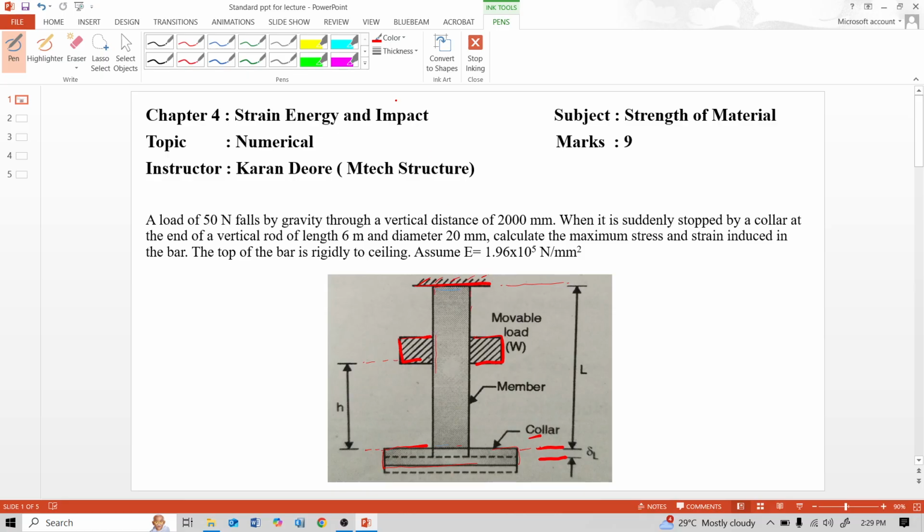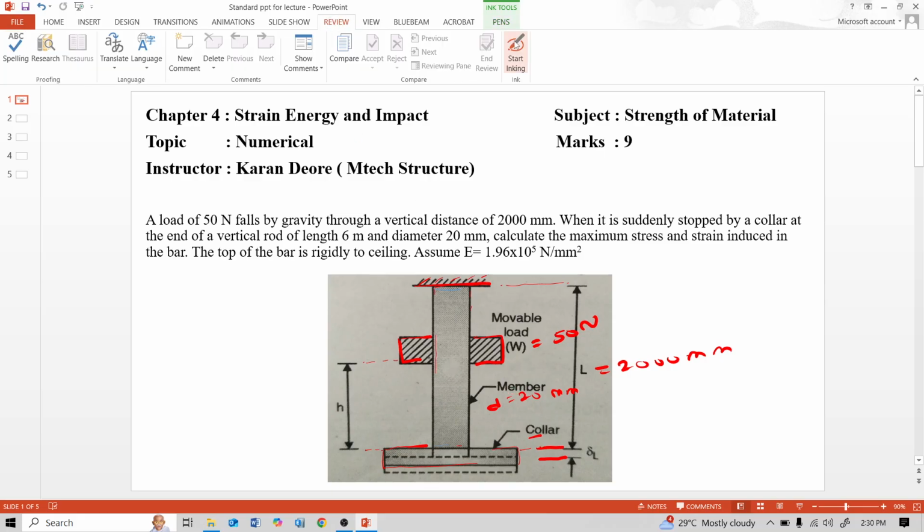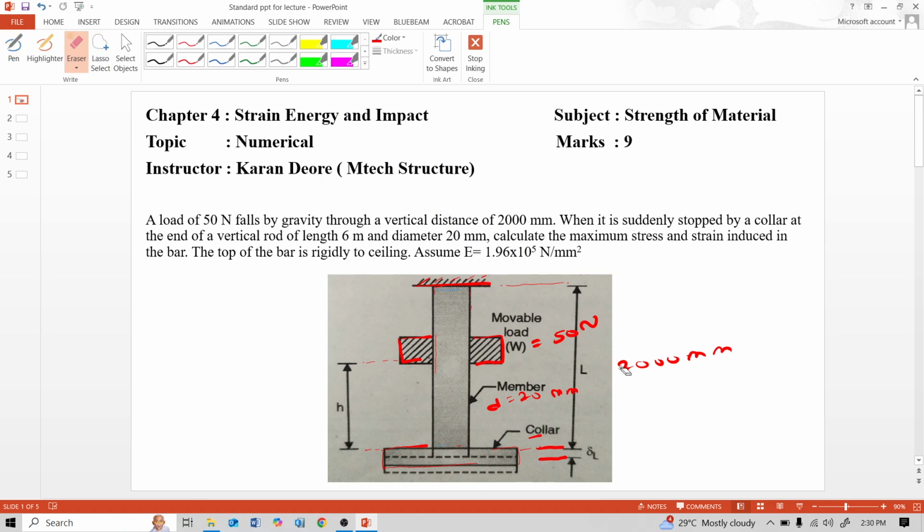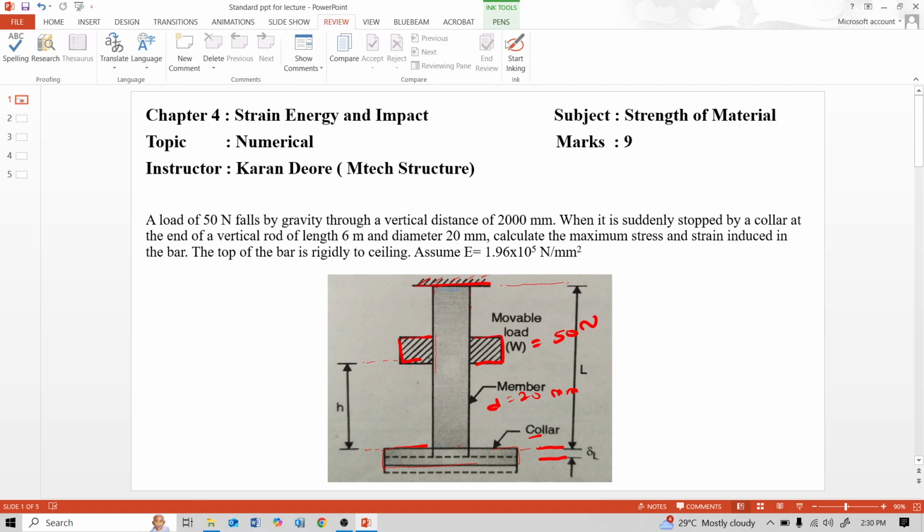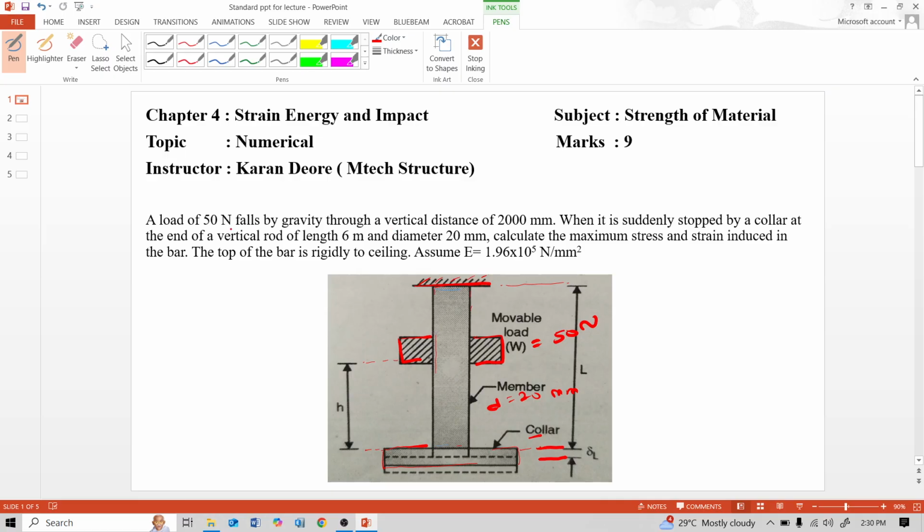And in this numerical they have given us this movable load W is 50 Newton, this member is of diameter 20 mm, and this h is 2000 mm. 50 Newton falls by gravity through a vertical distance of 2000 mm.